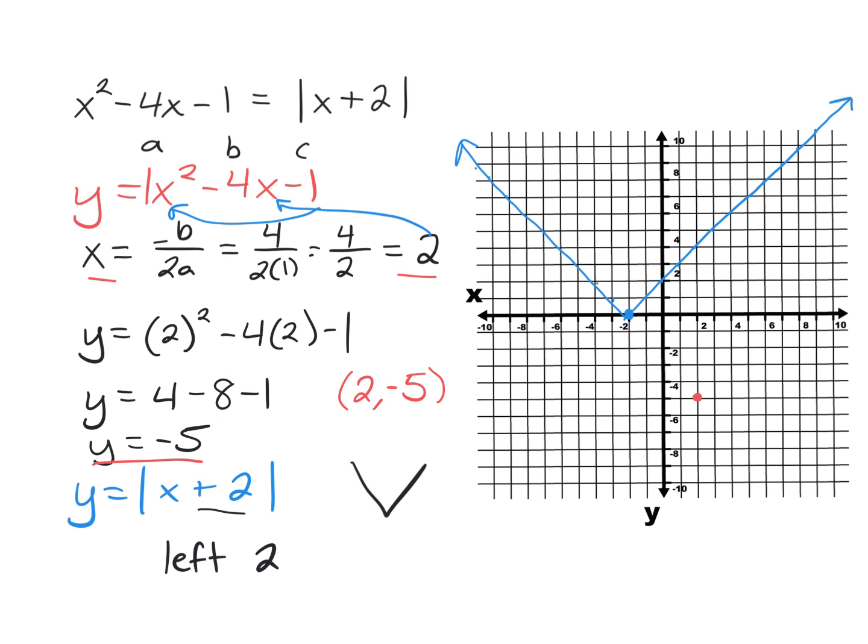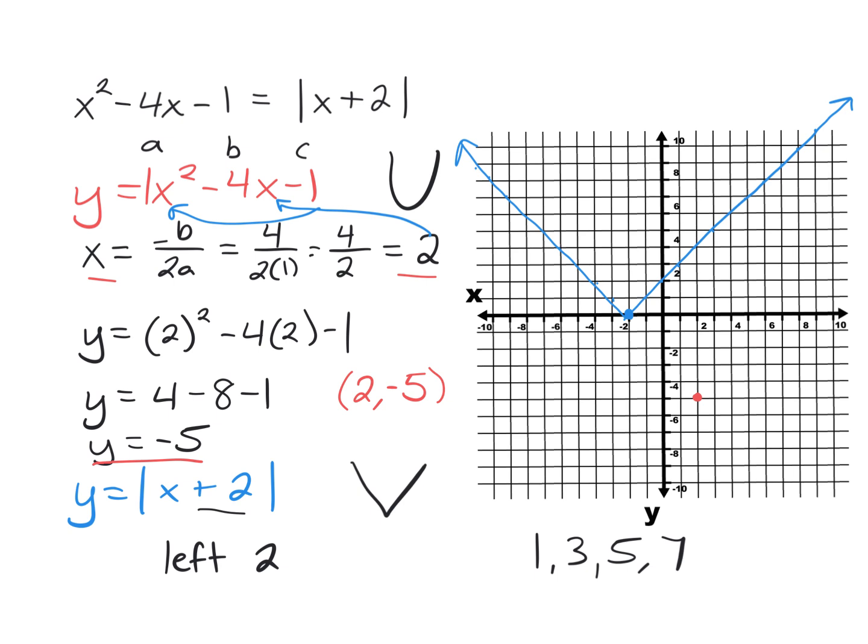Now, how do I get all of my other points? It's quadratic, so we know it's going to look like a U. So what pattern are we using? Step pattern. We're going 1, 3, 5, 7.